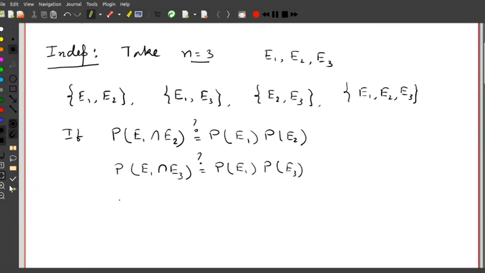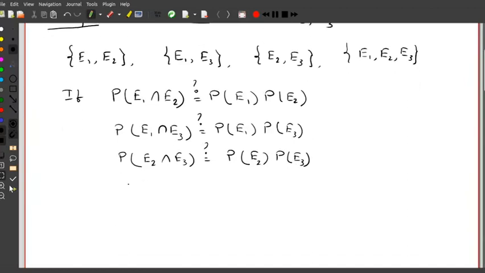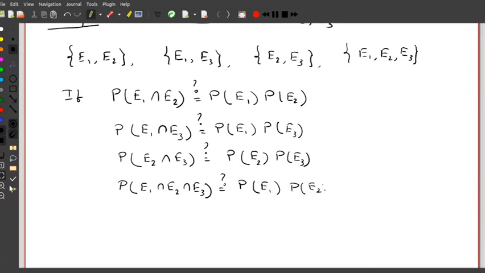I need to check if probability of E2 intersection E3 is the same as probability of E2 times probability of E3, if this equality is true or not. And finally I need to check if E1 intersection E2 intersection E3 is the same as probability of E1 times probability of E2 times probability of E3.